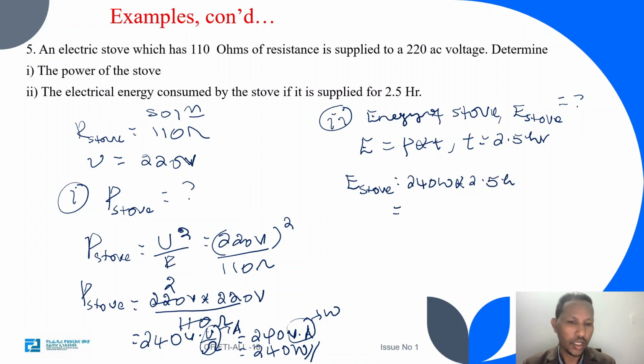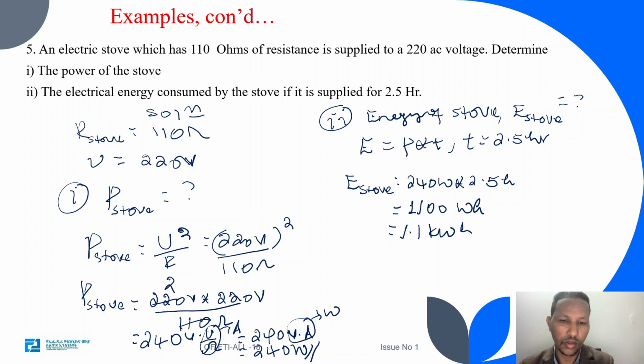So you have the value, which is 1100 watt hours, or 1.1 kilowatt hours.